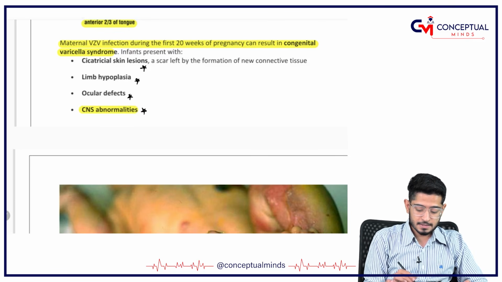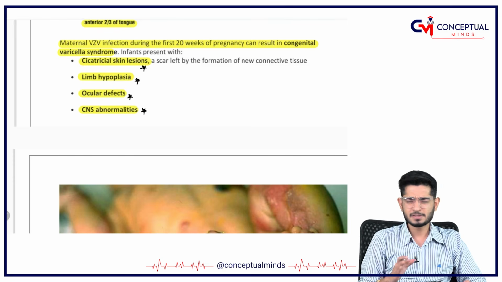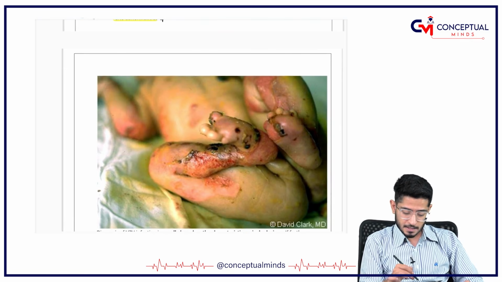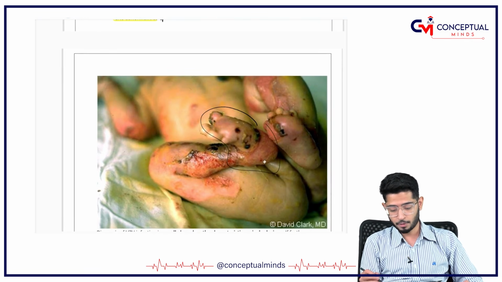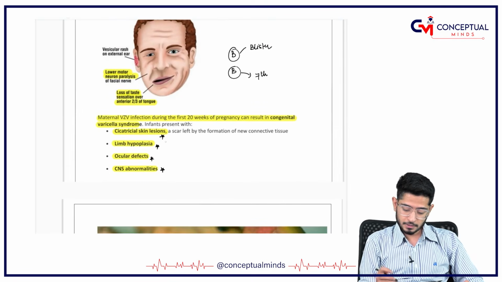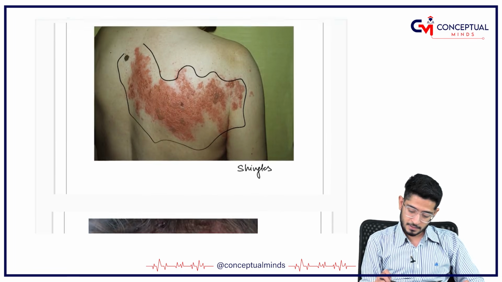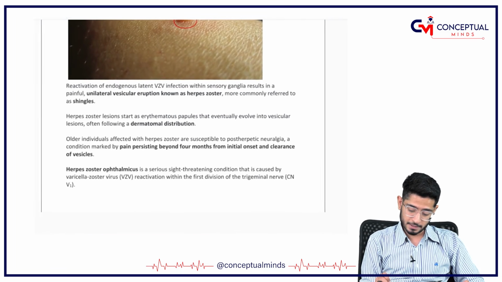So CNS abnormalities, ocular defects, limb hypoplasia and cicatricial skin defects, although the pediatric faculty will take it in detail. See here, the limbs are not formed properly. So this is the varicella.